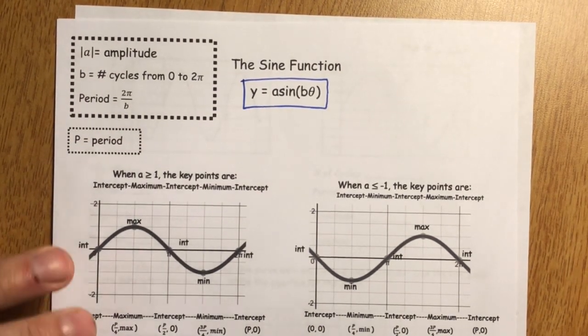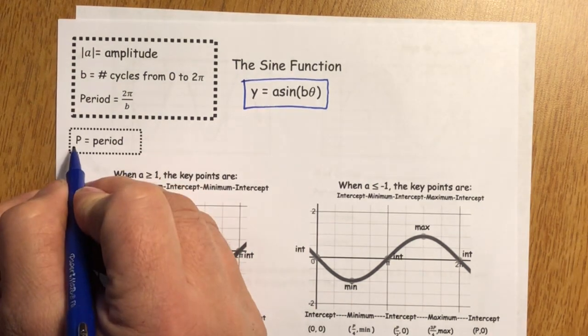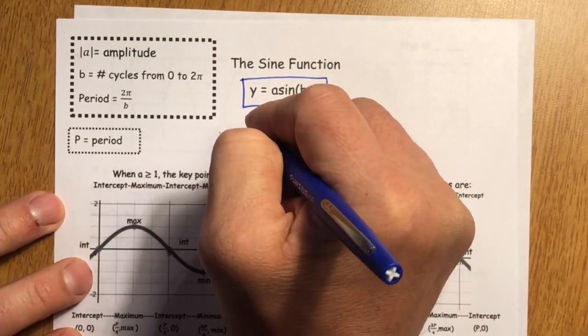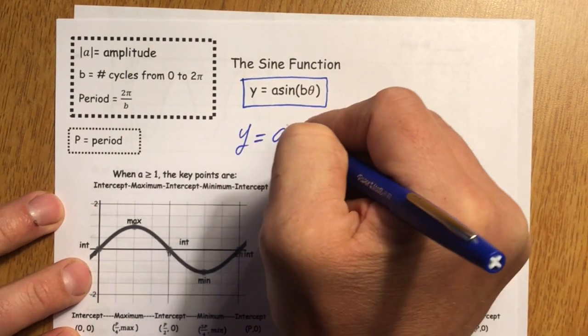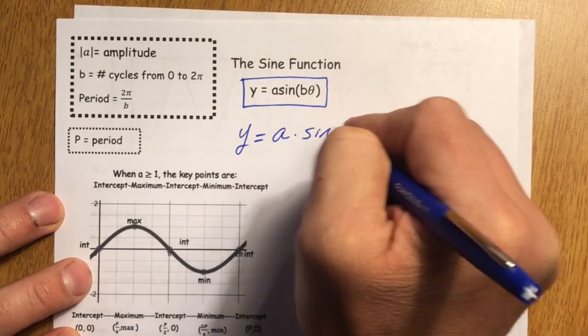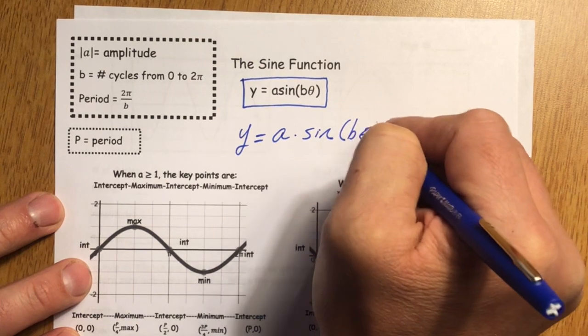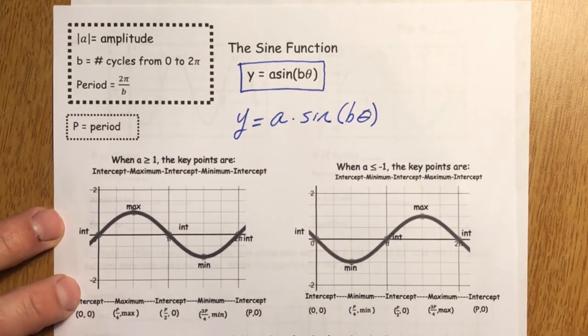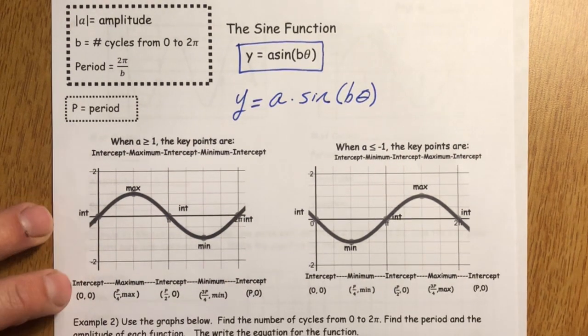And obviously P stands for the period, but this is what we're going to be using right here: y equals A times the sine of B times theta. Okay, that's what we're going to use today and from this point on.